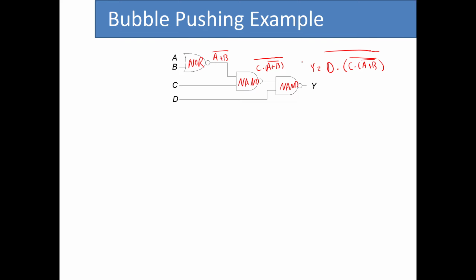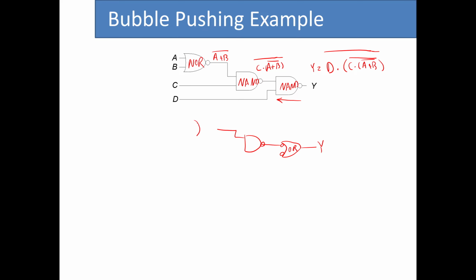What we can do is push the bubbles. So let's start from the last step and push the bubble forward. If we do that, the gate changes from a NAND gate to an OR gate. We end up with bubbles at the input. So this will be the first step.